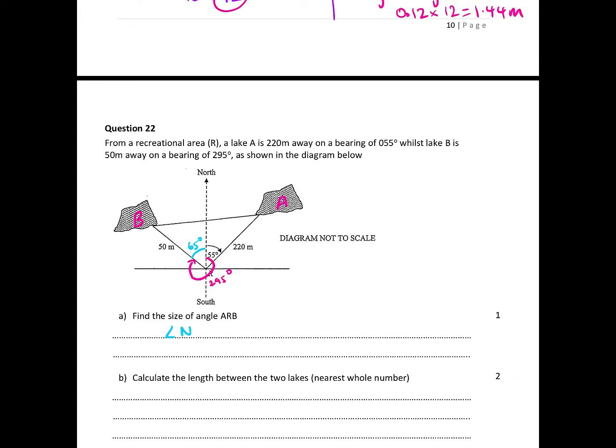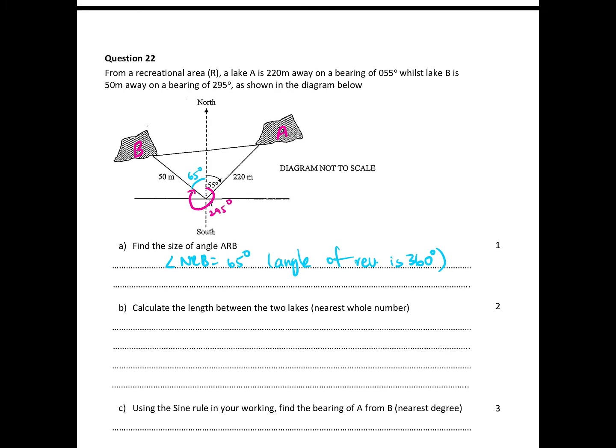I know angle NRB is equal to 65 degrees, and the angle of revolution is 360 degrees. Then angle ARB is equal to 65 plus 55, and that is 120 degrees.